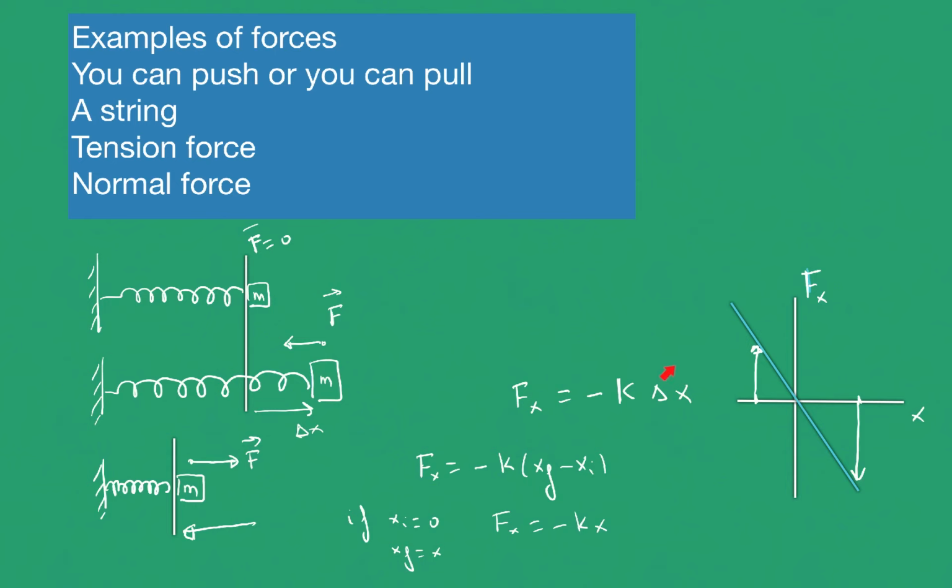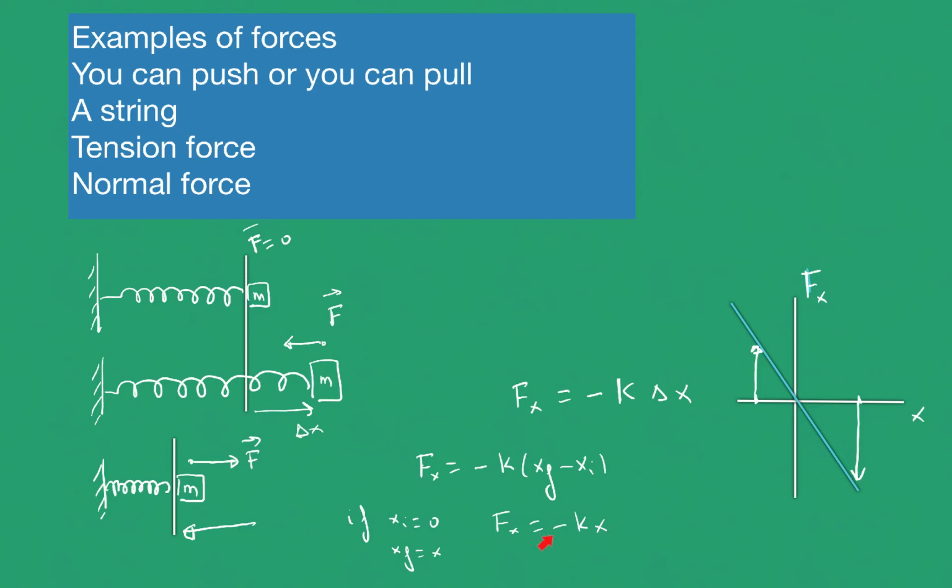If delta x is negative, the force will be positive, because the negative sign converts it into a positive force. So you can write this equation as F equals minus k times (x final minus x initial). You can choose x initial equals 0 and x final equals x, and use this equation that is easier to manipulate algebraically: the force is minus k x.